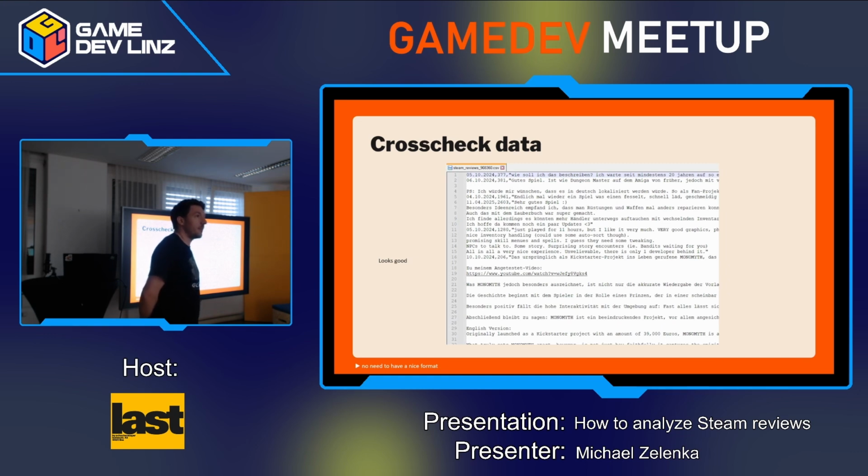So it's not the most scientific way to analyze games, but if you're unaware where you should go with your game and you have similar games already on Steam, then you have the data. You should use the data. In former days you read it, and for instance you have to translate it somehow.